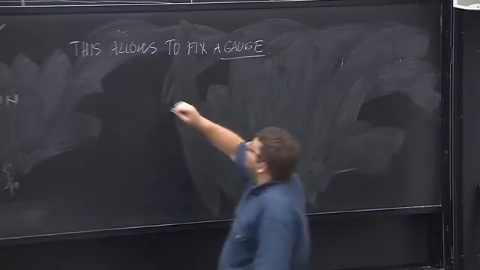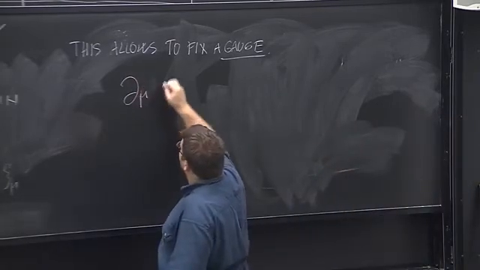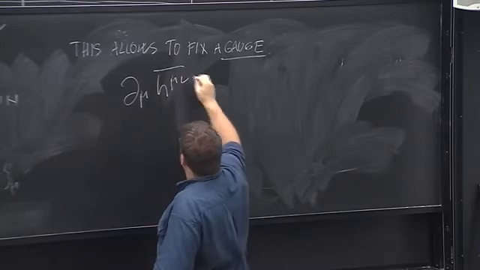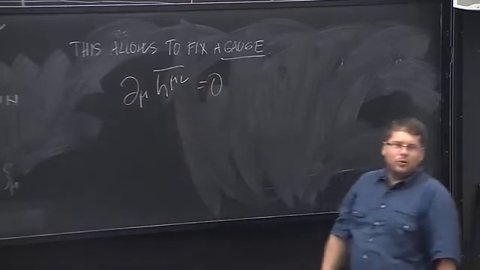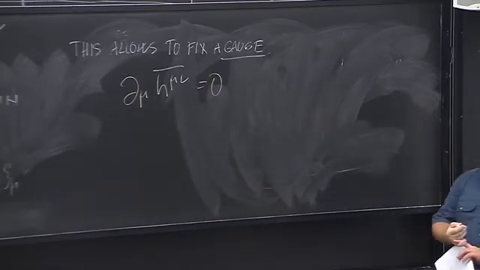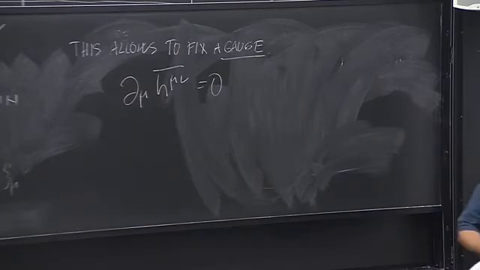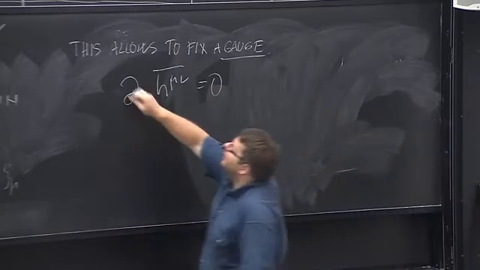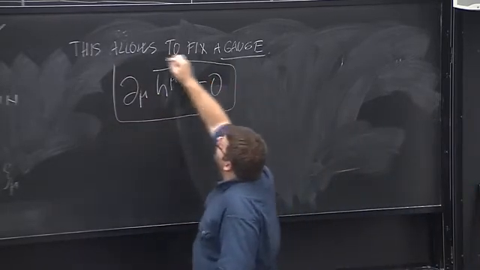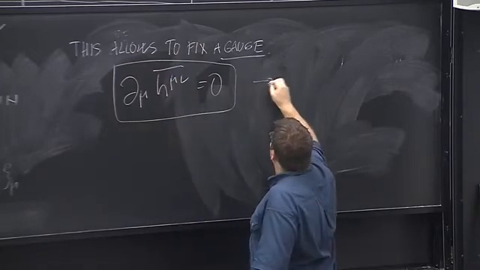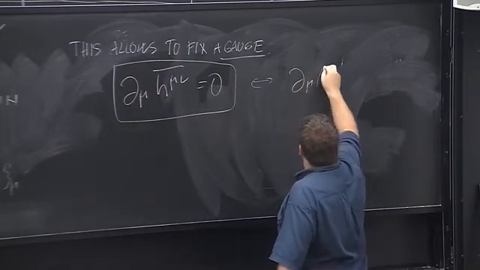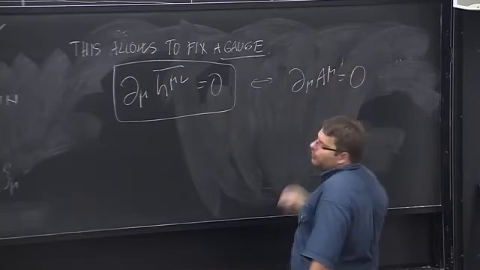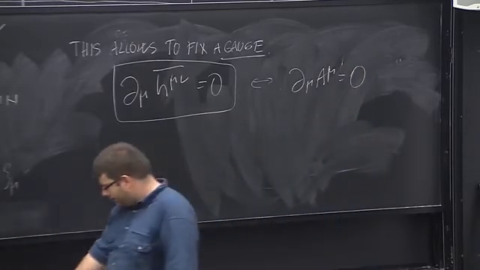It is similar to electromagnetism, where you impose d mu A mu equals 0. So now I'm imposing d mu h mu nu bar equals 0. So that's my gauge, compared to d mu A mu equals 0 in the electromagnetic case.